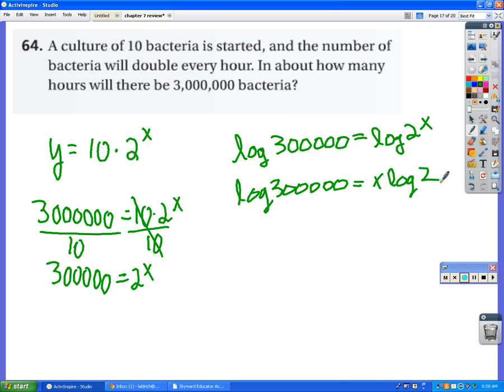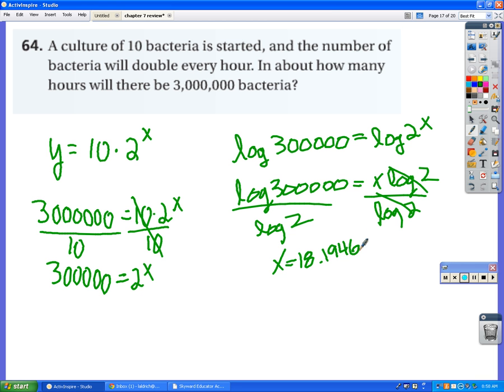Now I do have multiplication. So what can I do to get rid of this log of 2? Divide by log of 2. So when you say, don't you just divide by 2, you divide by log of 2. That gives 18.1946. So x equals 18.1946. So in just over 18 hours, there would be 3 million bacteria.